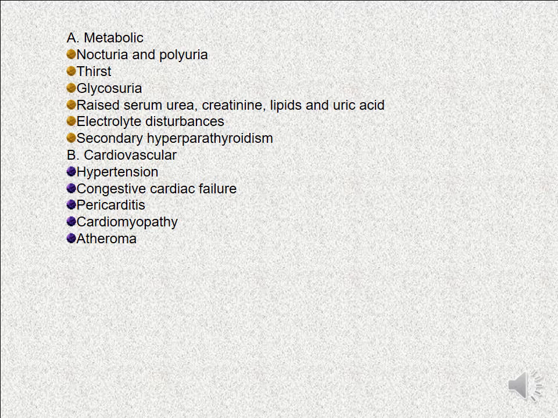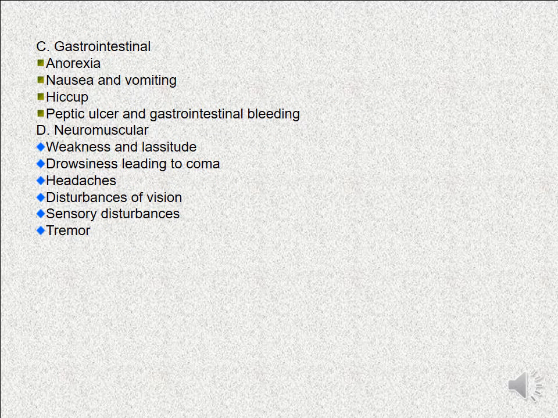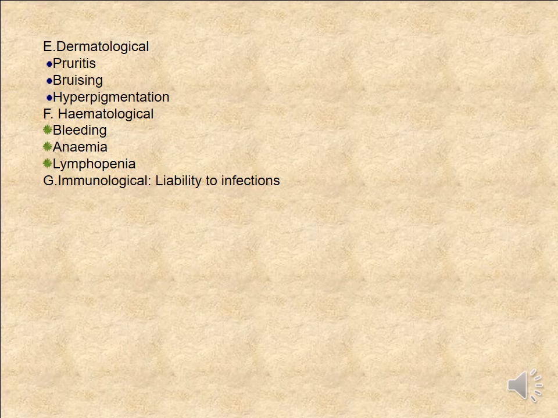Gastrointestinal: anorexia, nausea and vomiting, hiccups, and lastly peptic ulcer and gastrointestinal bleeding. Neuromuscular: weakness and lassitude, drowsiness leading to coma, headache, disturbance of vision, sensory disturbance, and tremor. Dermatological: pruritus, bruising, hyperpigmentation. Hematological: bleeding, anemia, lymphopenia. Immunologically, liability to infection is greater in chronic renal failure.